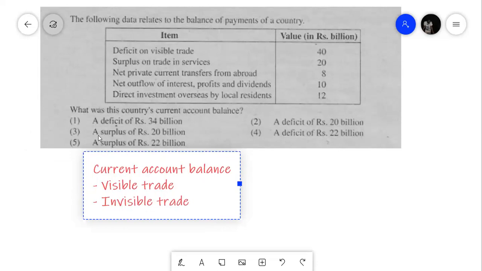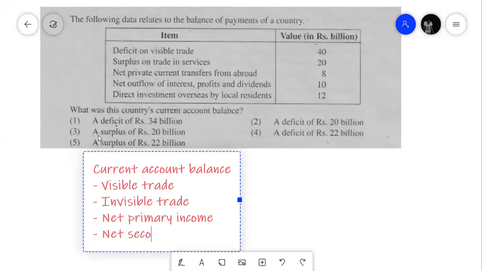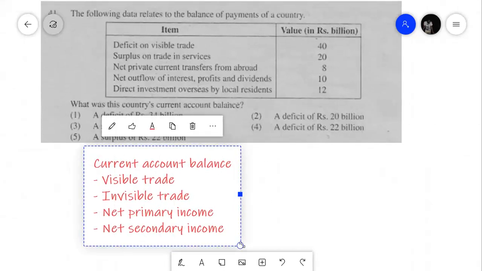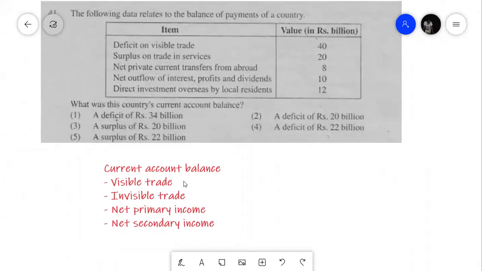Visible and invisible trade together give you goods and services. Then you have your net primary income, that is dividends, interest, profit. Then you have your net secondary income, that is all of your current transfers. When you add all of this, you get your current account balance. So let's look at the numbers they have given us.